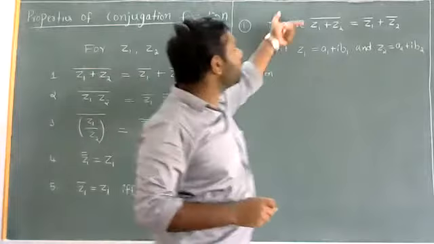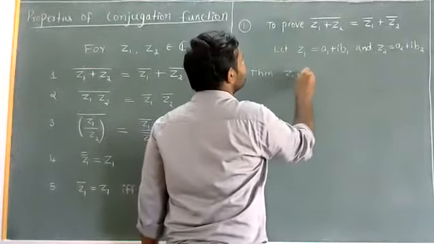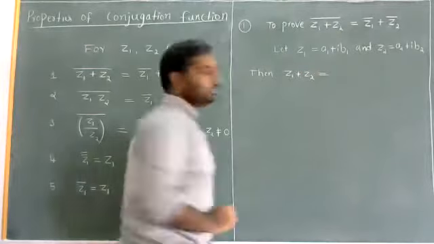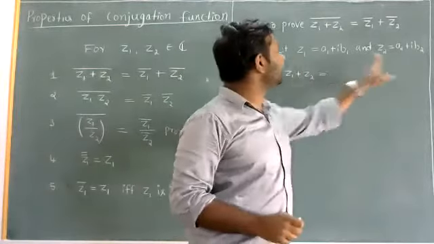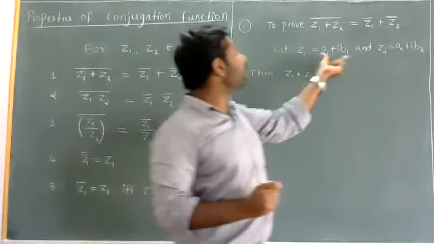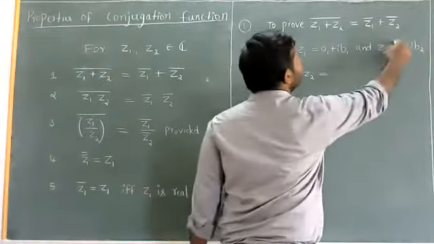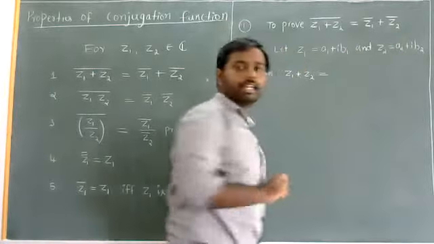Then what do I have to calculate here? Conjugate of z1 plus z2. So first, see what is z1 plus z2. Now we have to add these two complex numbers. How will we add two complex numbers? We will add real part to the real part, imaginary part to the imaginary part.